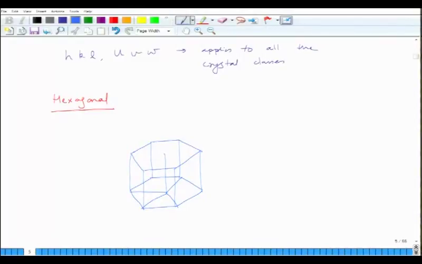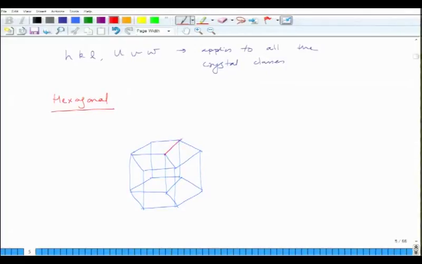Now, the hexagonal system can be represented not only by this individual unit cell which is here.